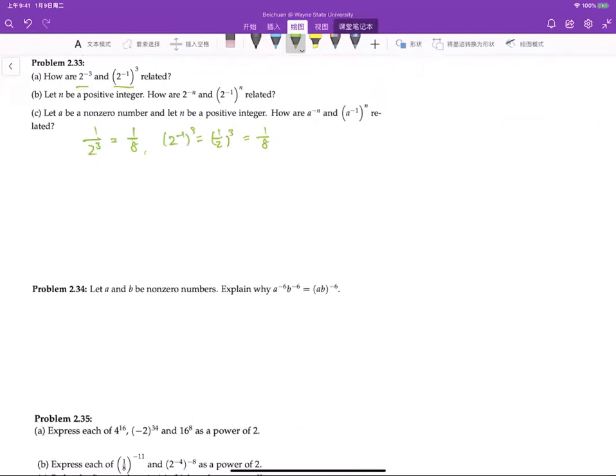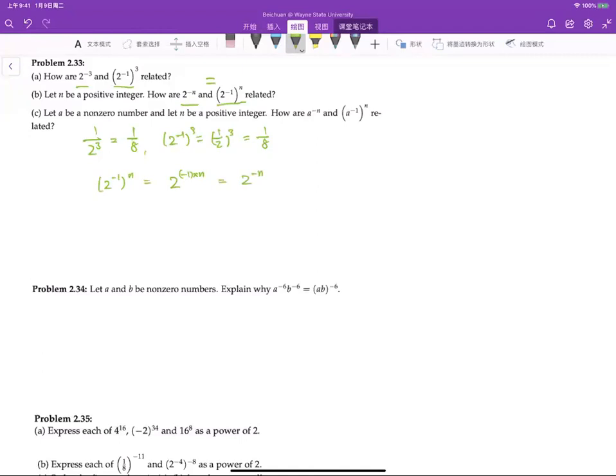So they are equal. Then in the second one, again, we can apply a property to check if they are equal or not, right? Because basically 2 to the negative first to the nth is equal to 2 to the negative 1 times n, which is 2 to the negative nth, right? So you can always multiply the two exponents together, so they are equal.